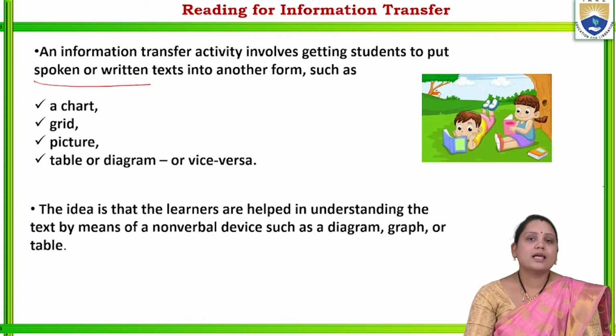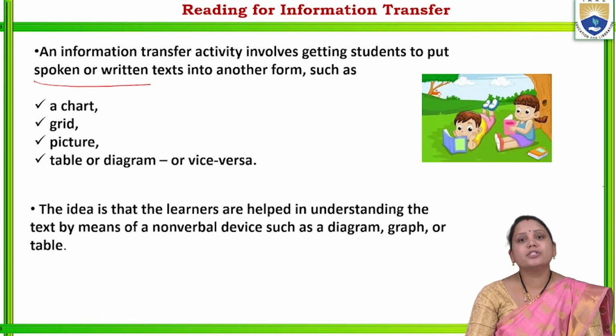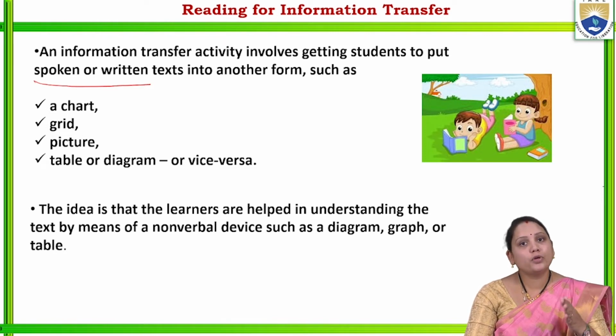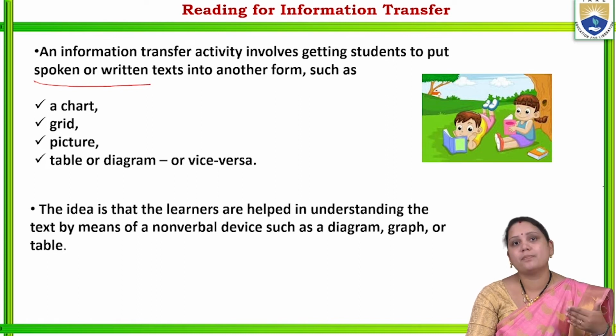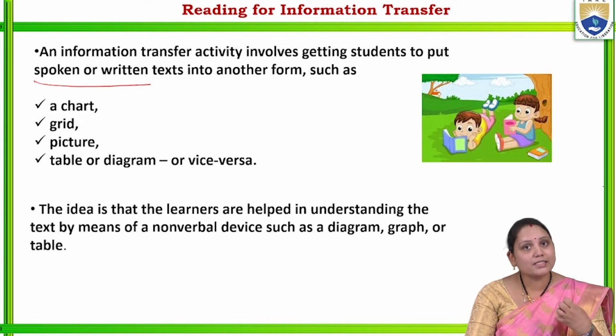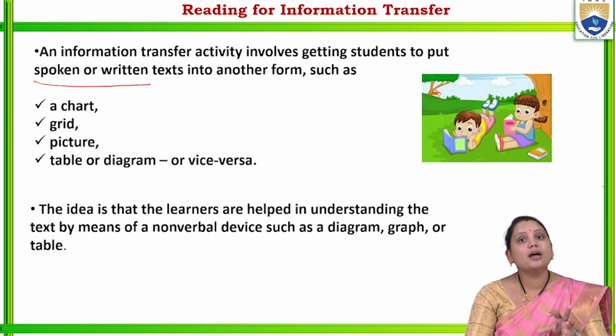So, what are we going to do in information transfer? The written text, the written document or any spoken writing, we are making the student put in the form of pictorial representation, diagrammatic representation, such that their understanding expands through the diagrams.